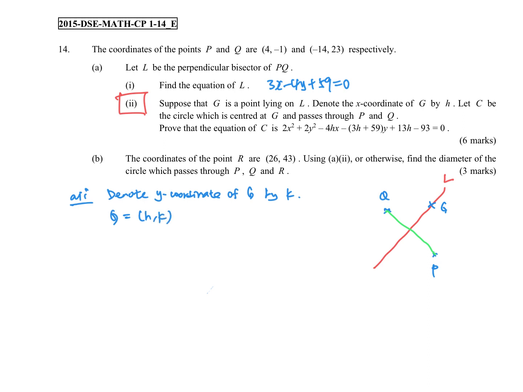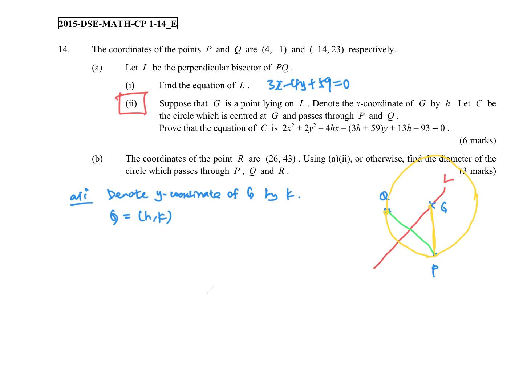And now let C be the circle which is centered at G, so we now have the center and then the radius. The circle passes through P and Q. That means we have the circle like this. So in that case, G, this is P. So I try to let GP be the radius.